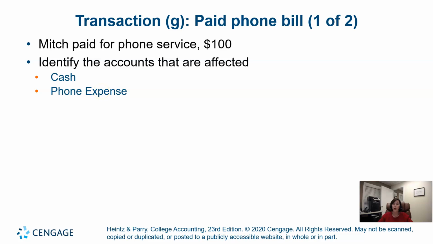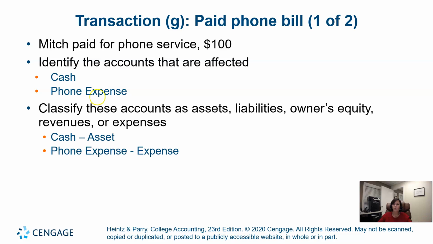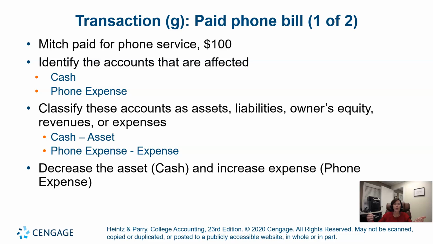Now, where do these accounts live on the balance sheet equation? Hopefully by now you know cash is an asset, and phone expense lives within the owner's equity umbrella. And then what happened in these accounts? We have less cash.